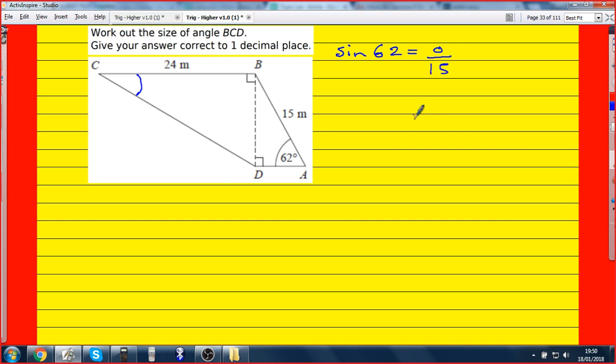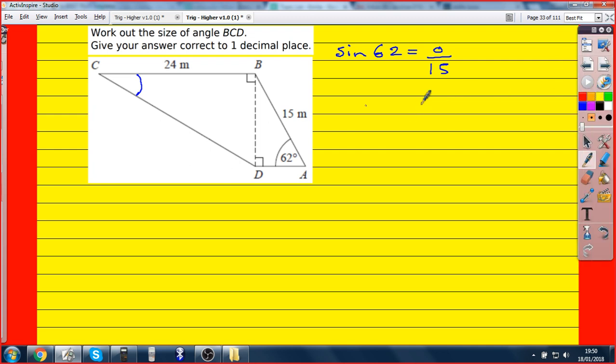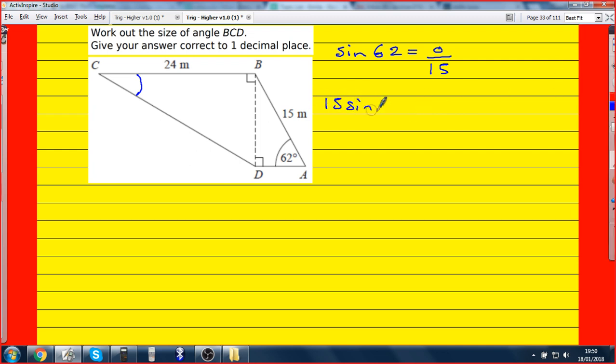So then you times by 15, so it's 15 sine 62. Equals O.